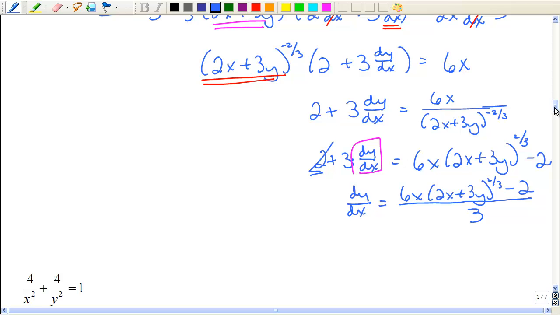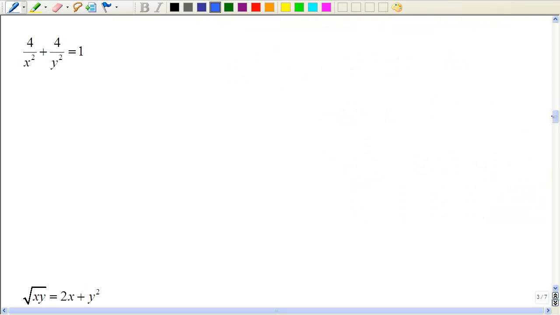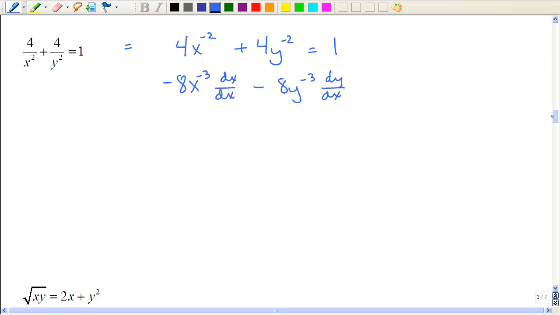Okay, this example is going to remind us again about exponents, that since I don't want to use the quotient rule, since I have a constant on top, I'm going to rewrite this with negative exponents, and then take the derivative. And then the same process, I will isolate the dy/dx.